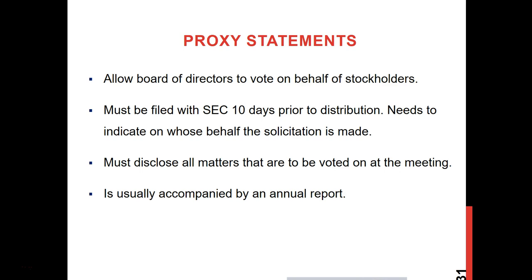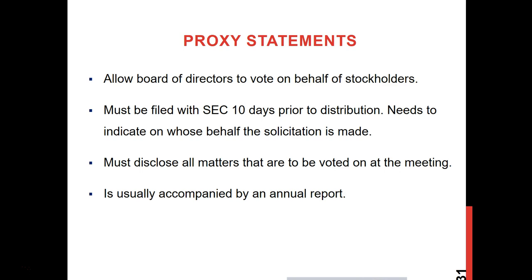So what companies do is send a proxy statement with their annual report, and the shareholders need to sign the proxy statement and send it back to the company. So this proxy statement basically is giving the power to the company, stating that on behalf of these stockholders they can take any decisions.